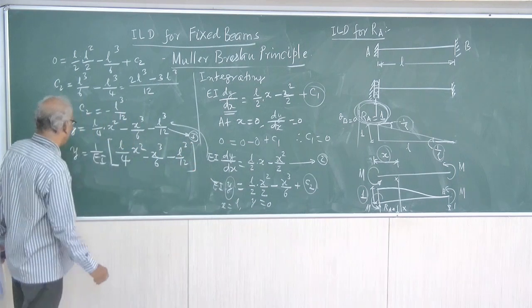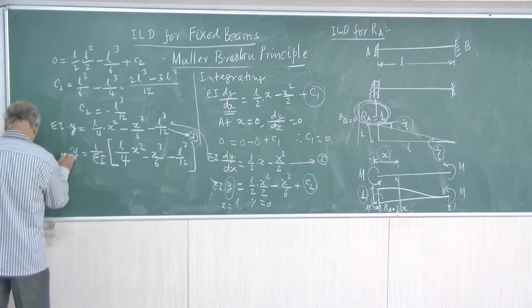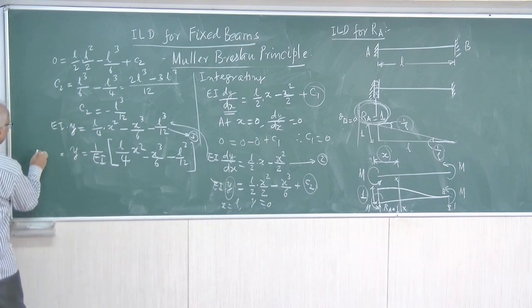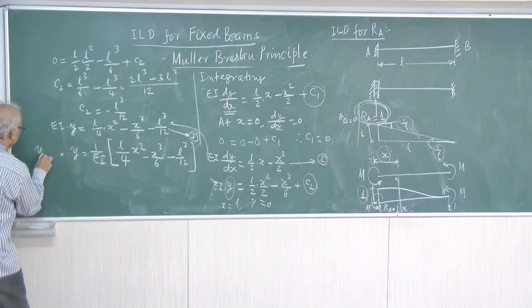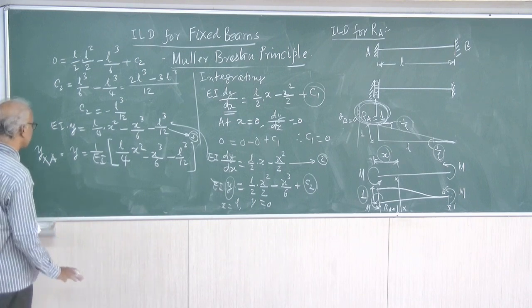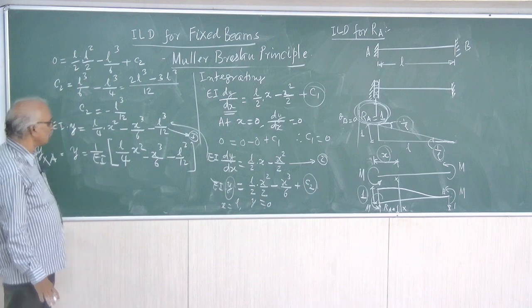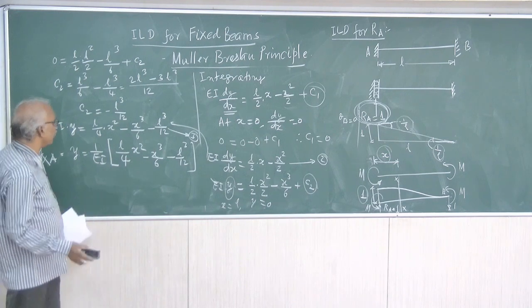So this is the general equation, the deflection at any point x due to unit force at A. Yxa gives you the deflection in any section x due to RA equal to unit T.